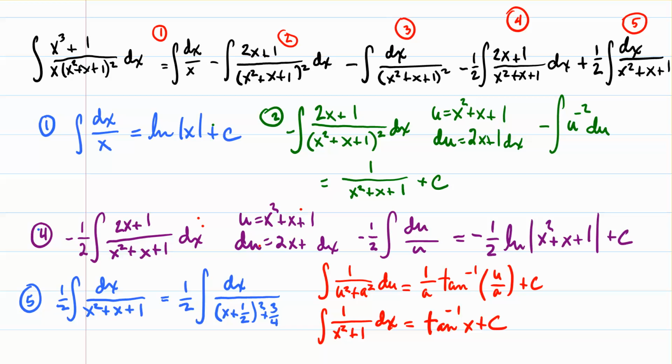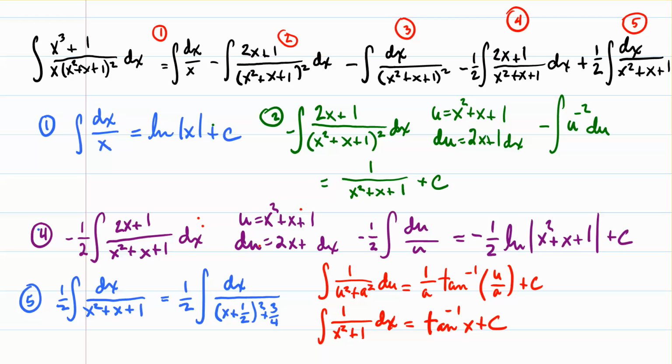Now we could do a u substitution with this on our own, but it's a fairly involved process, and you may want to work through that just to convince yourself that it actually does work out. But what we're going to use here is u is x plus 1/2, and then a has to be the square root of 3 over 4, which is root 3 over 2.